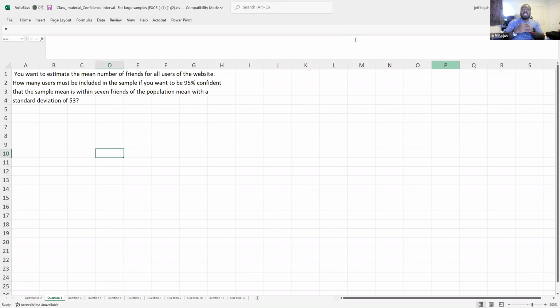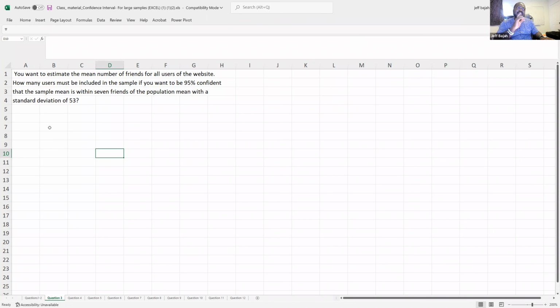So what's happening here is that you want to see the average number of friends for all users of the website. But to do that, you need to know what sample you need to take to be 95% confident that whatever result you get as your sample mean falls within 7 friends.